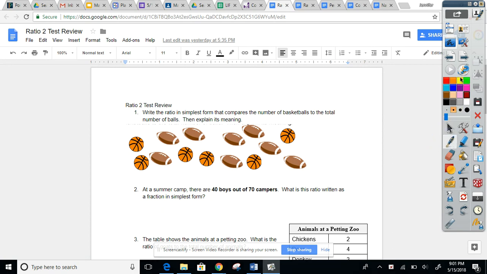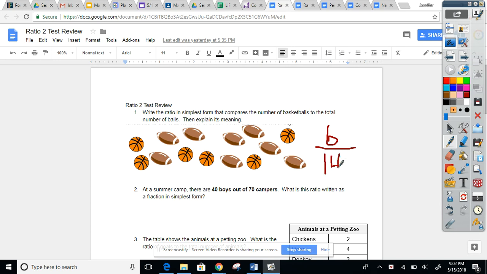So we have 6 basketballs, compared to the total: 6 basketballs plus 8 footballs. So we say 6 plus 8, and that gives me 14. So there's 6 basketballs and 14 total.